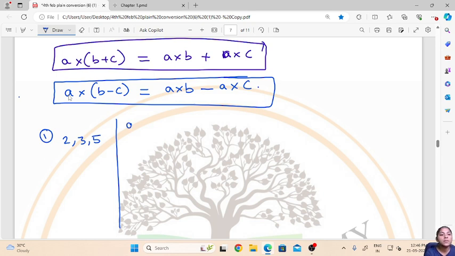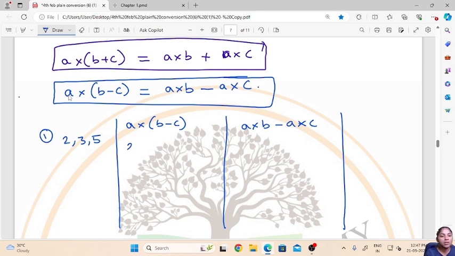So the first expression is A into B minus C, and then we have A into B minus A into C. So let us check. Here A into 3 minus 5, and here it will be 2 into 3 minus 2 into 5.